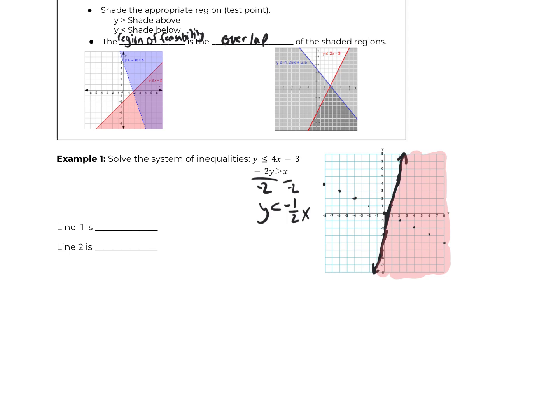All right, and then my sign tells me that it's less than, so we're going to use a dashed line. And we will shade again below because it's less than.